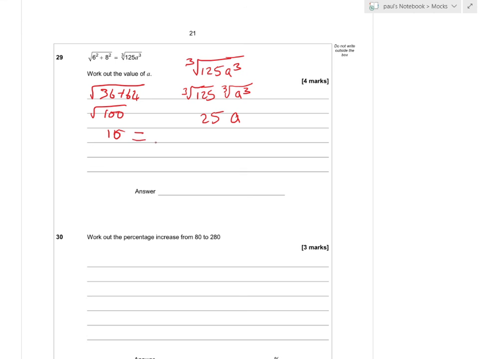So 10 equals 25 times a. So it's then 10 divided by 25 equals a. That's 0.4, it's looking like. Let's go back, because I may have done that a bit too quick to be right.